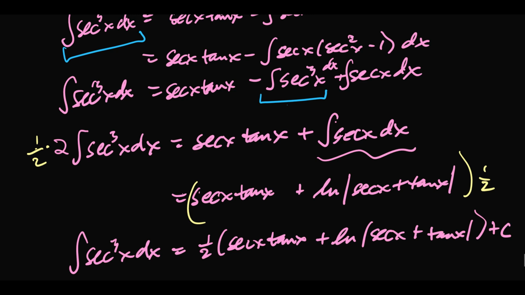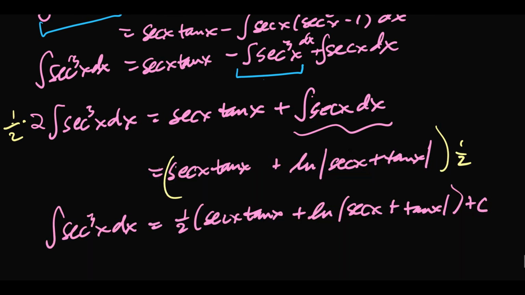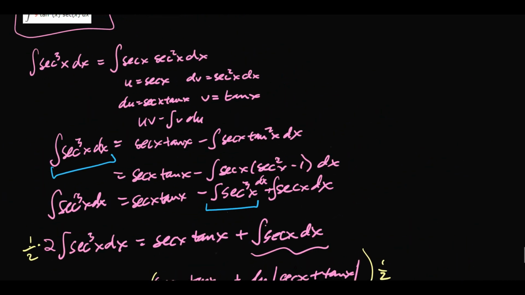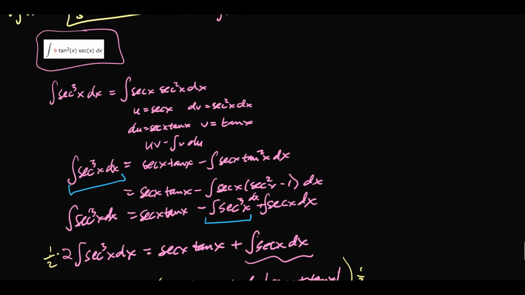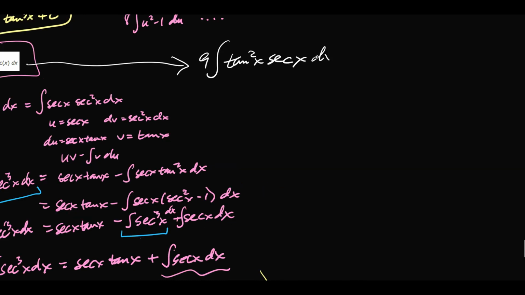So then what we need to do is go back and look at what we had originally, that tangent squared secant x. So this was 9 integral tangent squared of x secant of x dx.